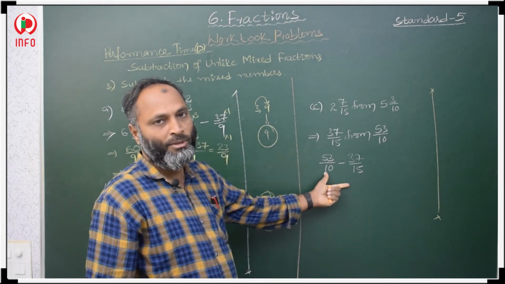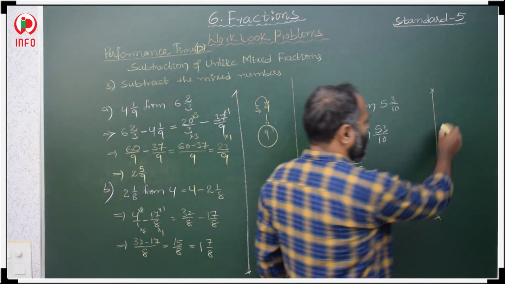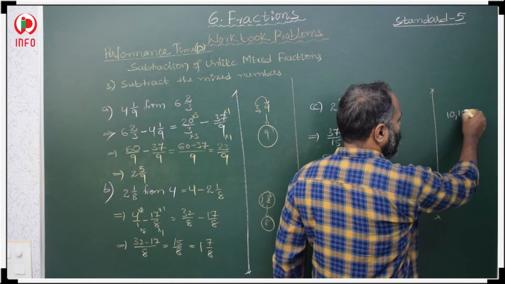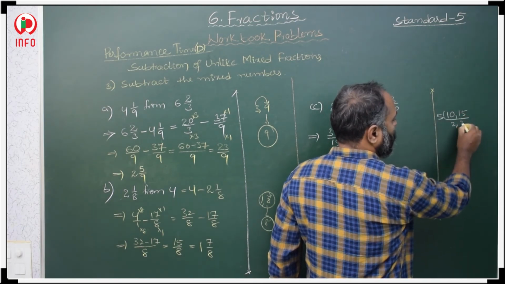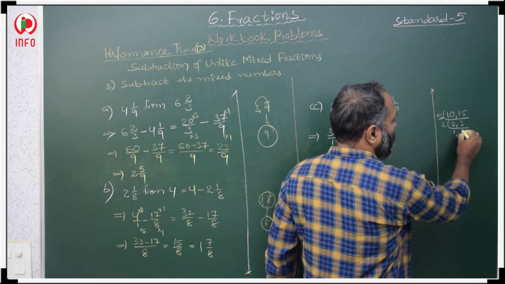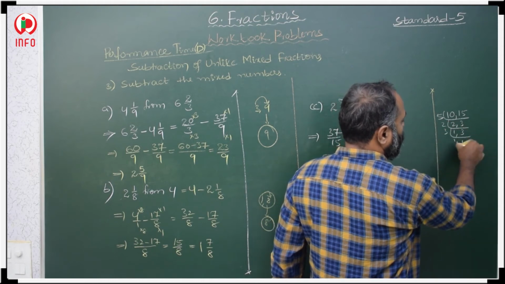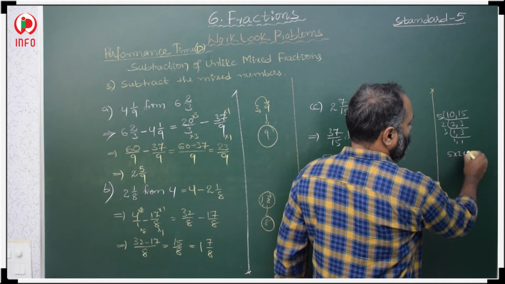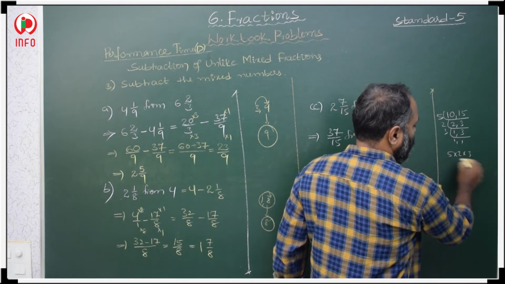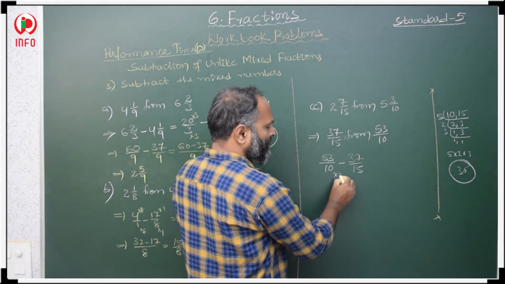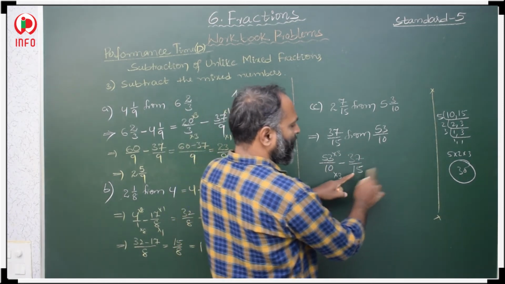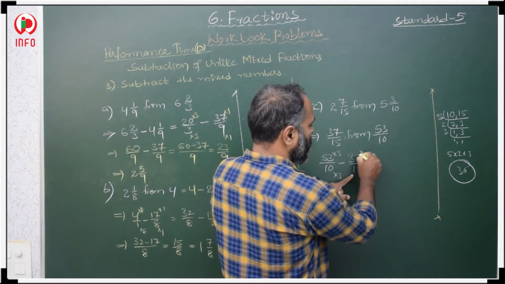Now the LCM of these denominators, 10 and 15. 5 2s are 10, 5 3s are 15, with 2, 2 1s are 3 as it is. 5 into 2 into 3, 5 2s are 10, 10 3s are 30, LCM is 30. In the 10 table, to get 30, 3s. In the 15 table, 15 2s are 30.